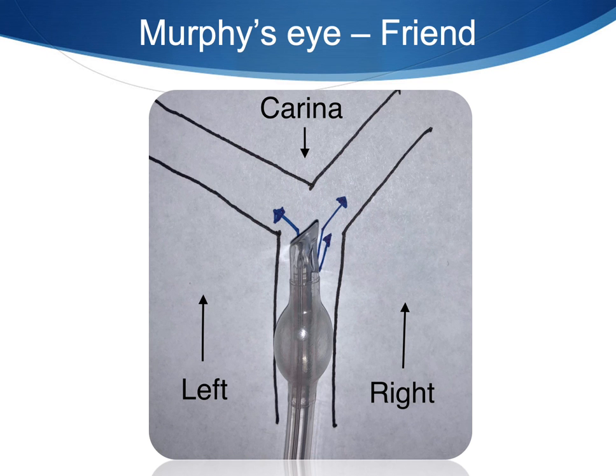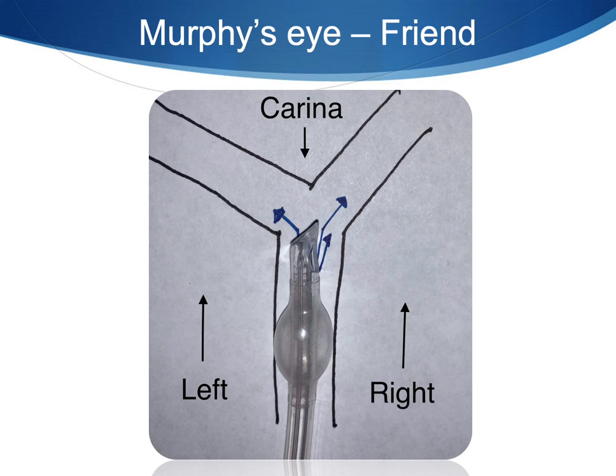Now, all the information I gave before in the previous slide about the Murphy's eye, why was that important, especially in the pediatric endotracheal tube? Well, as you can see on this slide, here the endotracheal tube is in the perfect position. The tip is tapered, so you have airflow going to the left lung as well as the right lung.